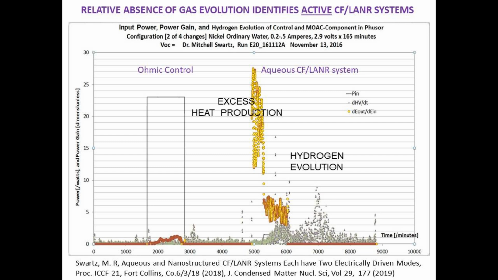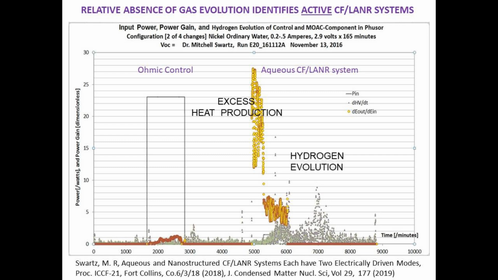What we see is an input to an ohmic control on the left and to the mother of all cathodes system, a 3-liter system on the right, which is aqueous. We can see with the ohmic control that with a very large input power, that's the square rectangle, we get a little bit of heat output in comparison to the cold fusion device.